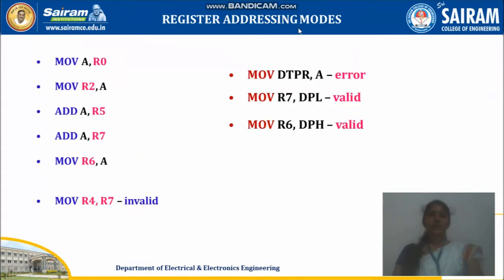Next is the register addressing mode. Register addressing mode means we directly specify the register. For example, MOV A, R0.